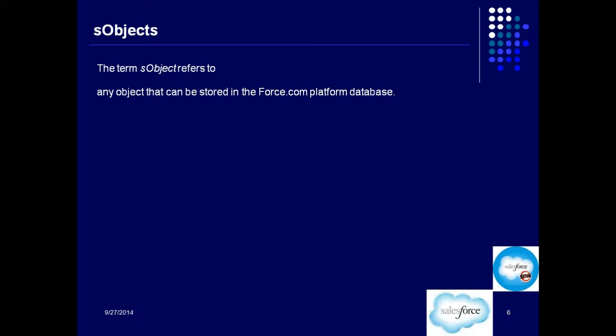The term sObject refers to any object that can be stored in the Force.com platform database. sObject actually stands for Salesforce object. So any object which is stored in the database can be an sObject. It can be a standard object, it can be a custom object.